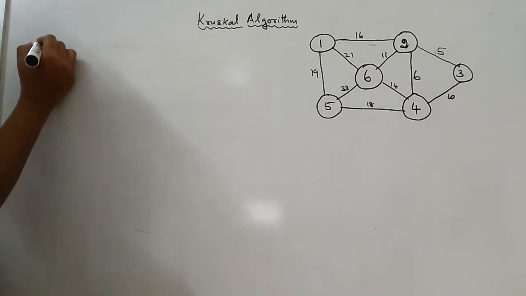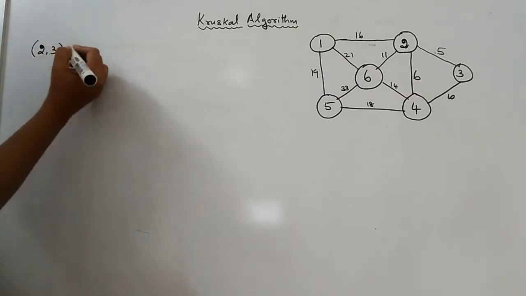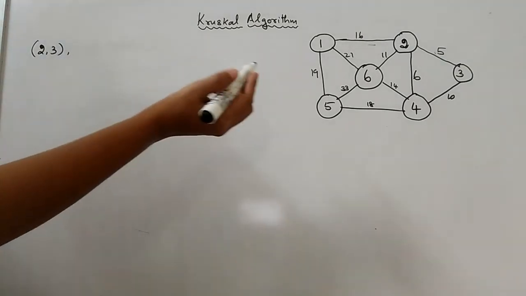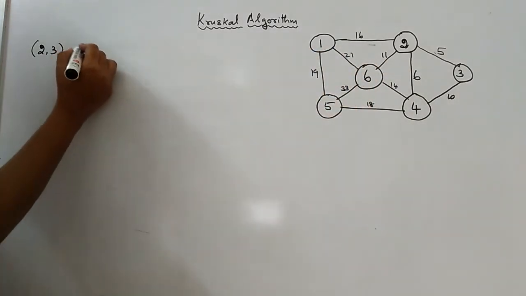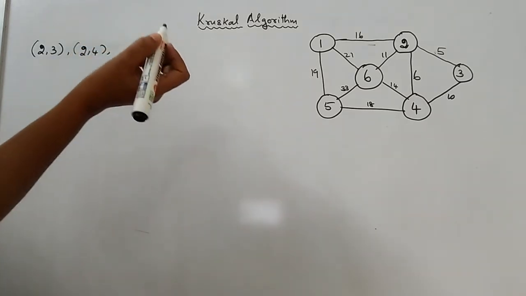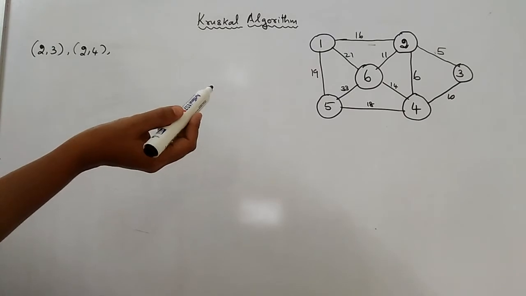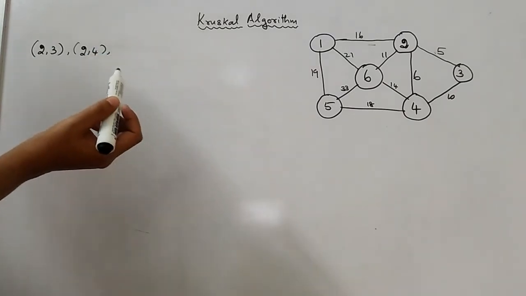I am talking about the weight along the edge. So the first pair here is 2 comma 3, and next to 5 I have 6. It's 2 comma 4. Next to 6, the least value is 10 only.